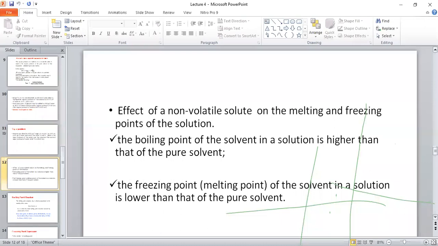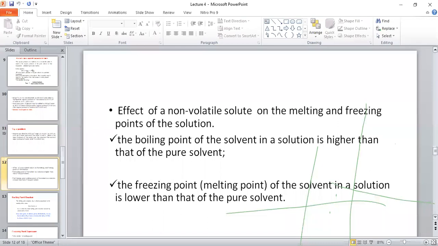The boiling point of the solvent in the solution is higher than that of the pure solvent. Note that the boiling point of the solvent in a solution is higher than that of the pure solvent.